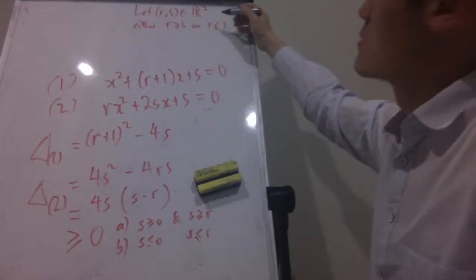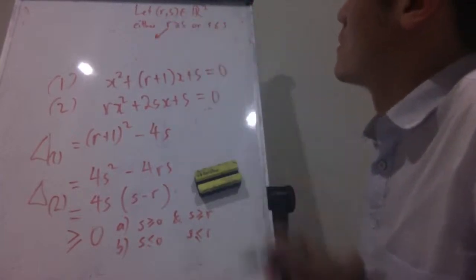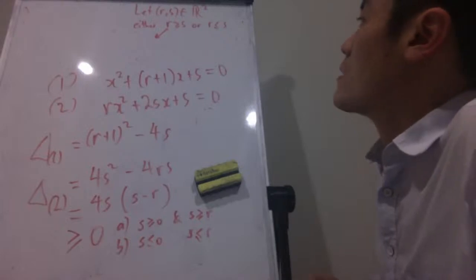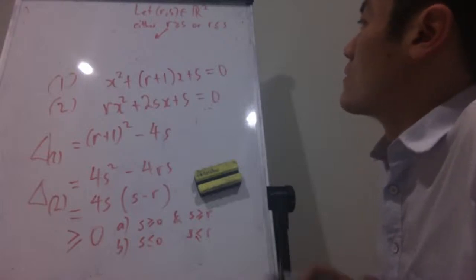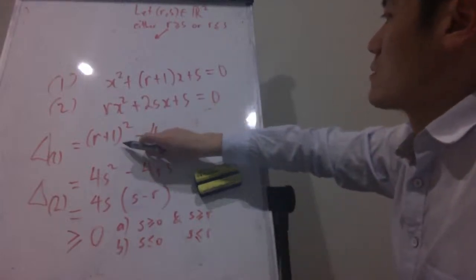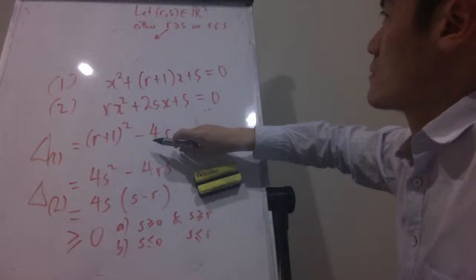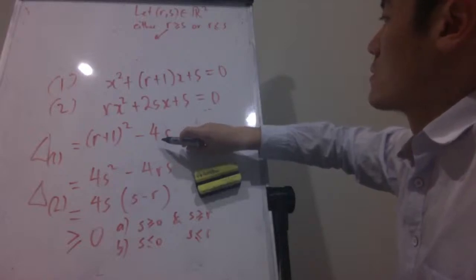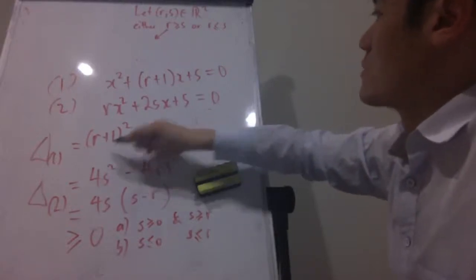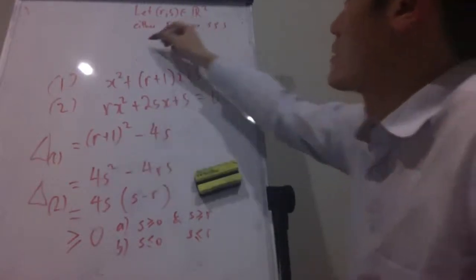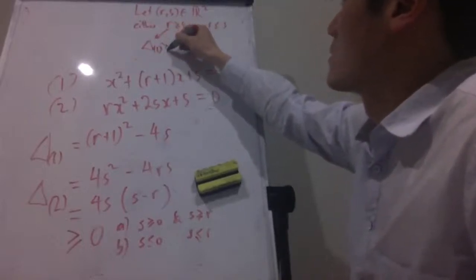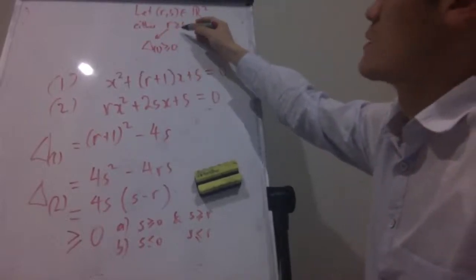Okay, R is bigger or equal to S. Then you can use the first equation to prove that for all R negative or positive, R plus 1 squared minus 4 is always positive or 0. So you're saying if that, then this?